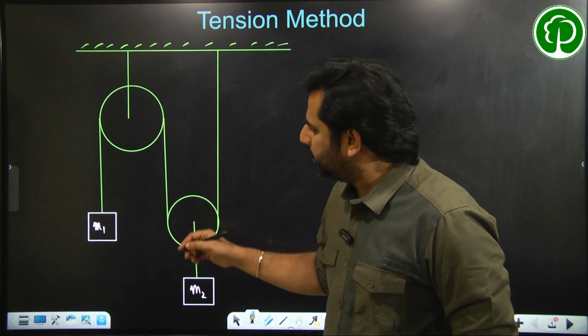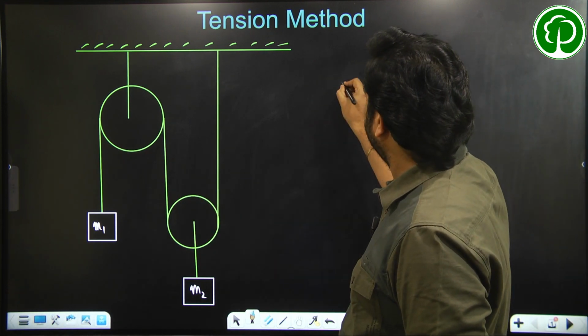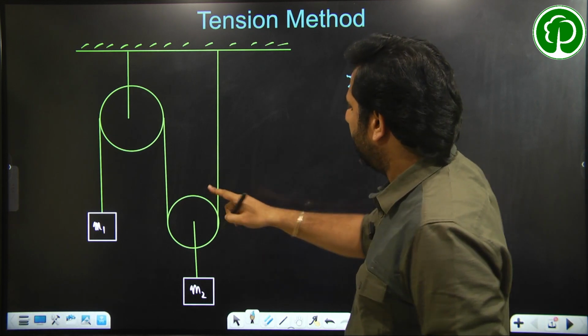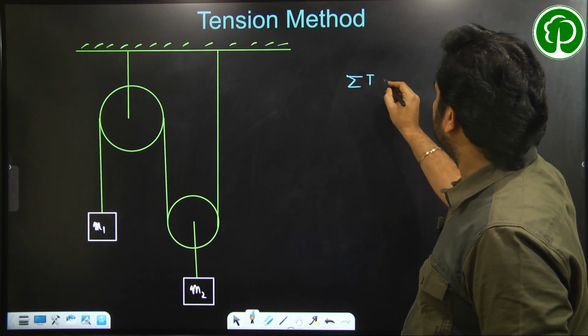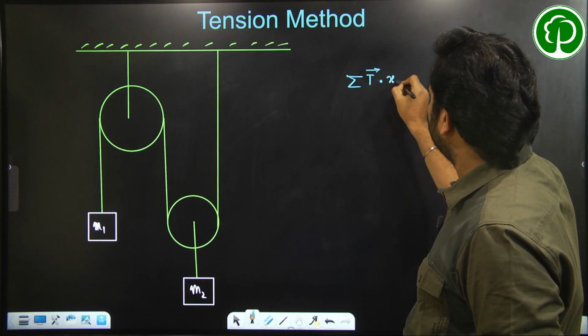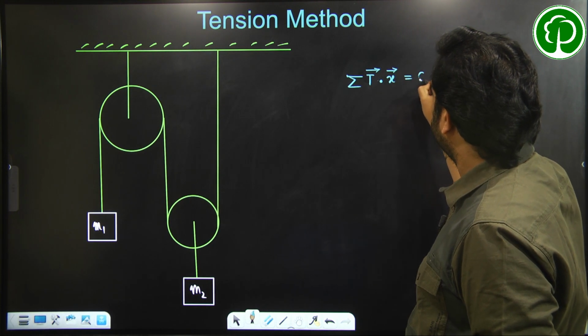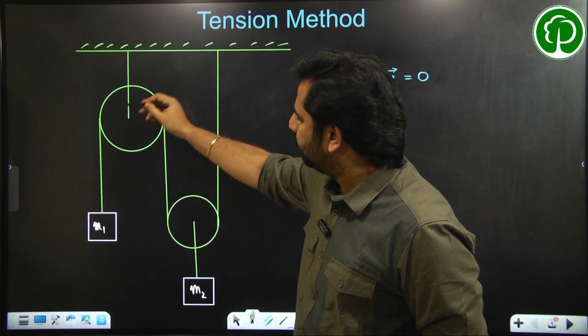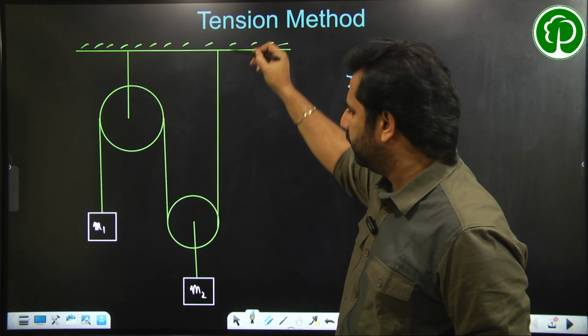The main concept of this method is that the total work done by tension on all the blocks of the system is 0. So net tensional force T bar dot x bar is equal to 0. Suppose consider this big string which is passing over this fixed pulley and the movable pulley.